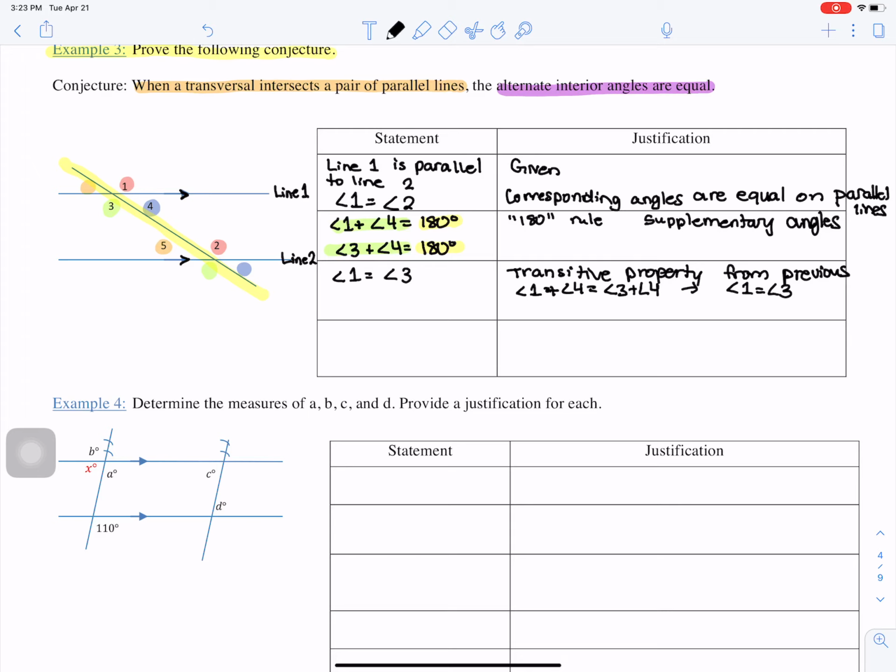But likewise, angle 2 also has to equal 3 because from step 1, angle 1 had to equal angle 2. So if angle 1 is equal to 3, angle 2 also has to equal 3.